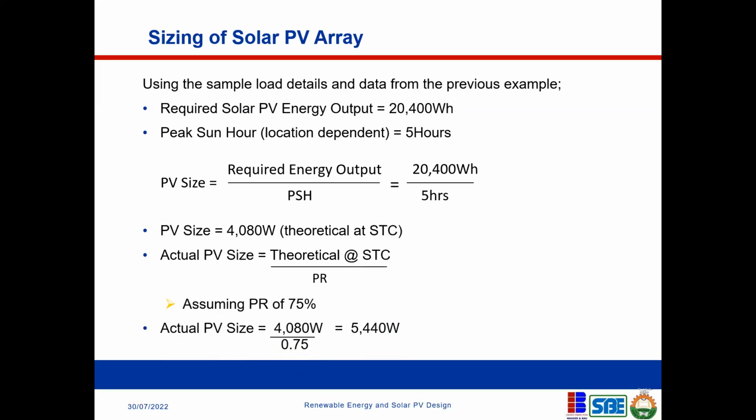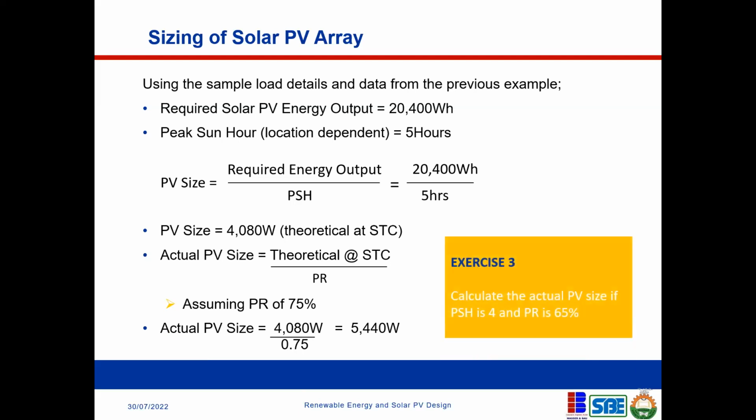The question, as you said, it's 7,846. Is it not 20,400 divided by 4 and then divided further by 0.65? Yes, that's the answer, 7,846. Did you get something different? I was getting 12,000 something.